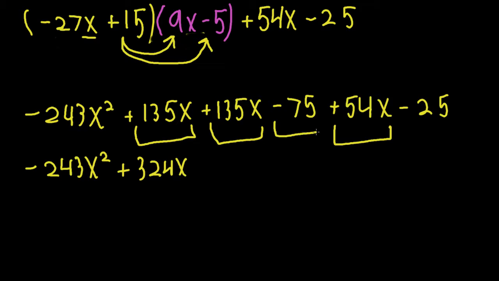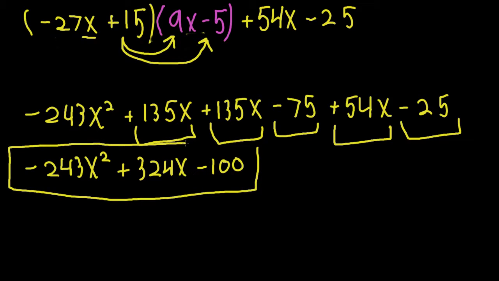Finally, I have negative 75 minus 25, which will get me minus 100. So this leaves me with negative 243x squared plus 324x minus 100 as my answer. We'll do problem 2 now.